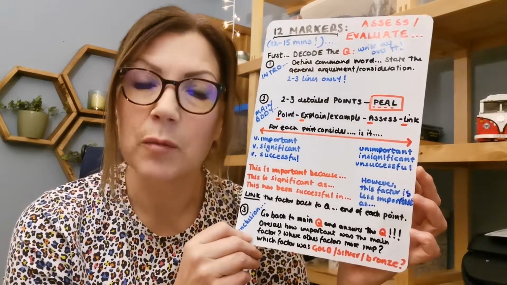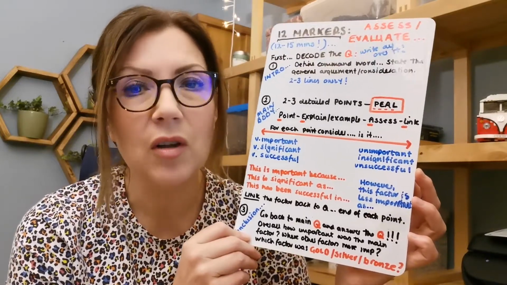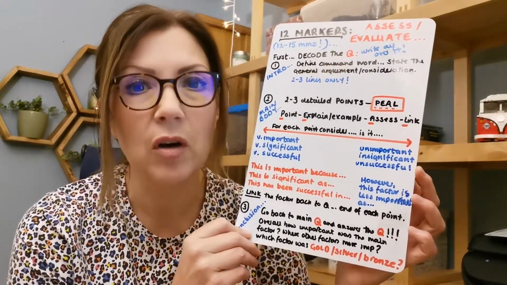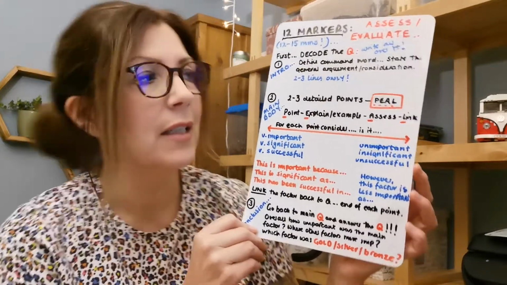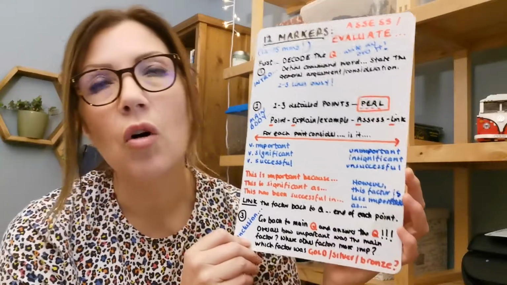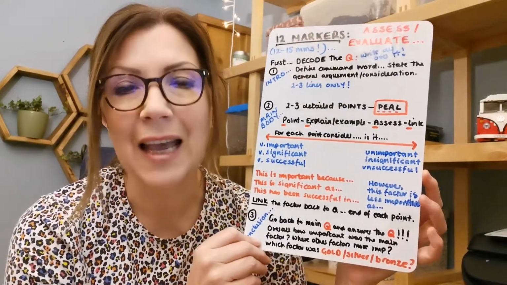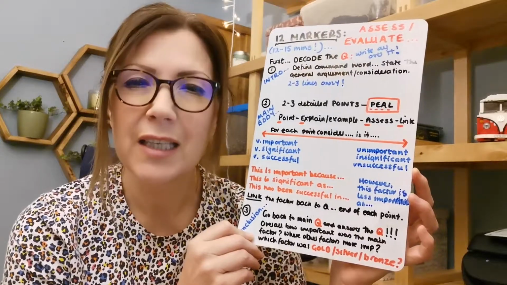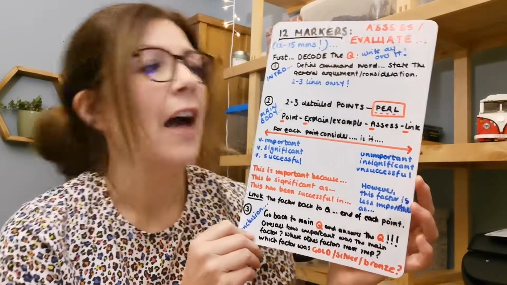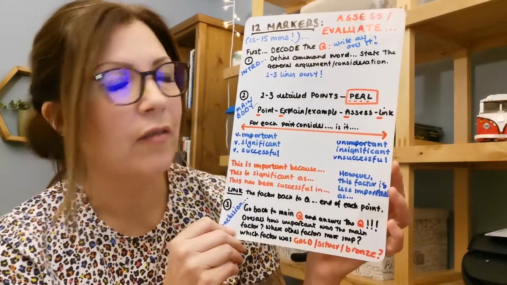And then you're going to have to think of some other factors. Now, there's no real right or wrong for those other factors as long as you consider some other factors, and you're going to know what they are anyway because you've revised. So think about what the question is getting at, because you need to be quite clear before you start, otherwise you might waste your time. That's going to be a little plan in a way, and then you can get going on the rest of your answer.